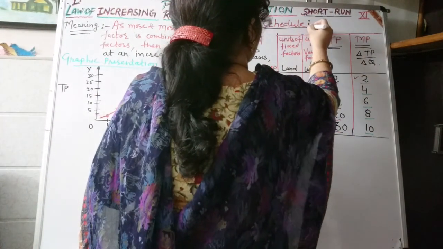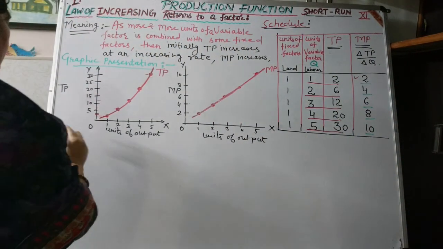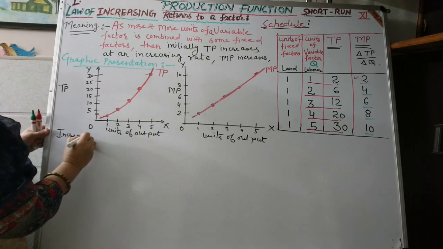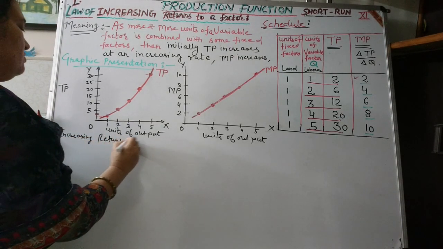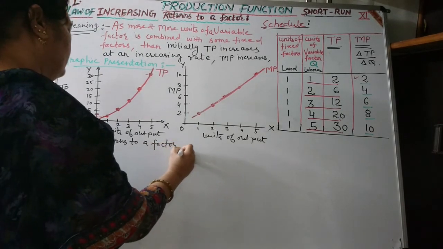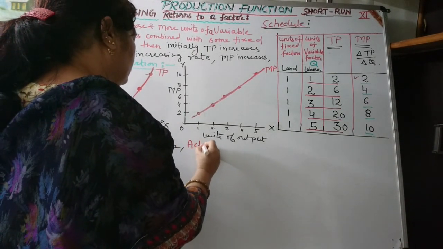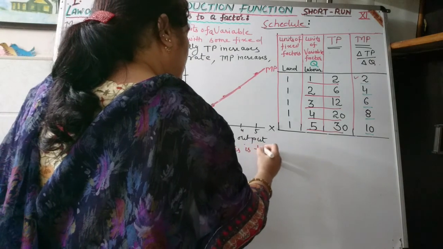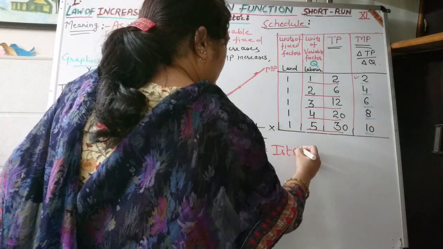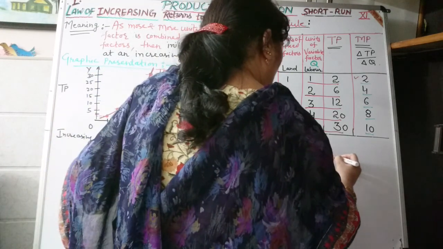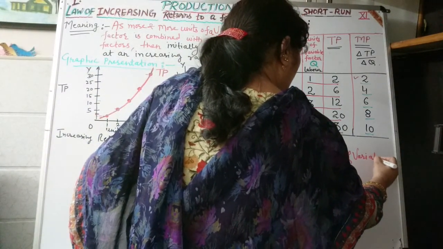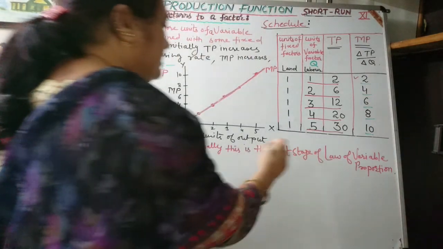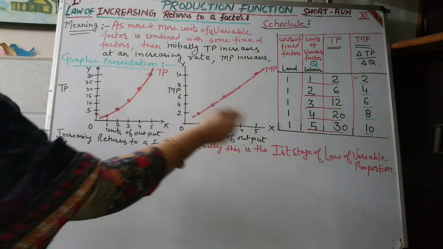This is increasing returns to a factor. Actually this is the first stage of the law of variable proportion, which we have recently cleared in my previous video.